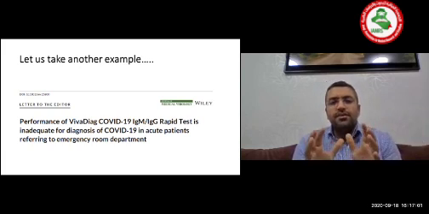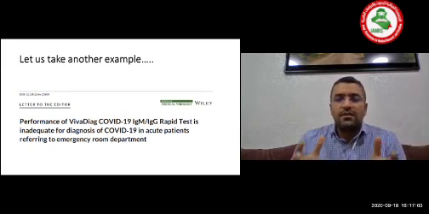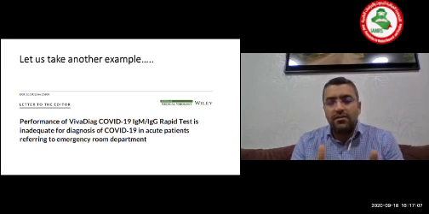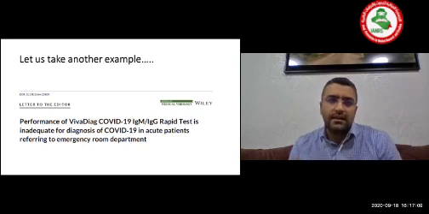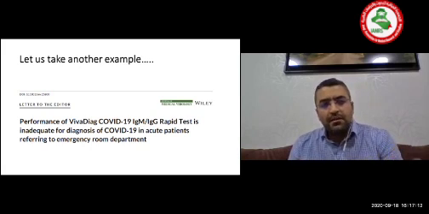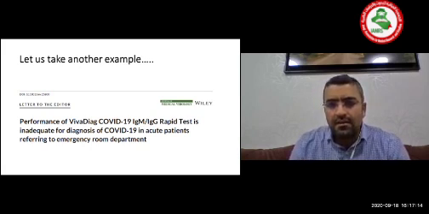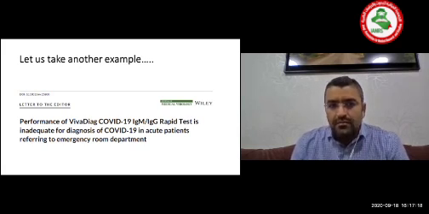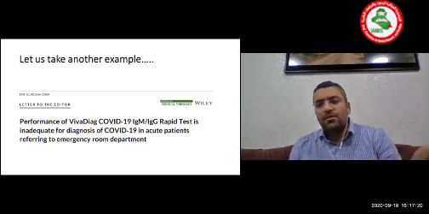So the scientists tried to test the efficacy of this new diagnostic tool in detection of COVID-19. And they published this paper in the form of a letter to the editor a few months ago. So it was about the performance of the new test.